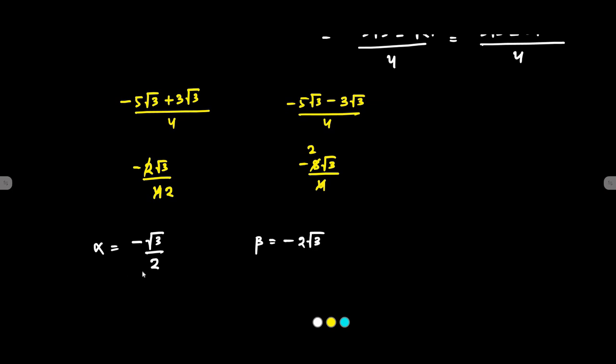Okay, these are the two roots of the quadratic equation. Minus root 3 by 2 and minus 2 root 3. Sorry, this is minus 2 root 3. Okay, so this is the thing.